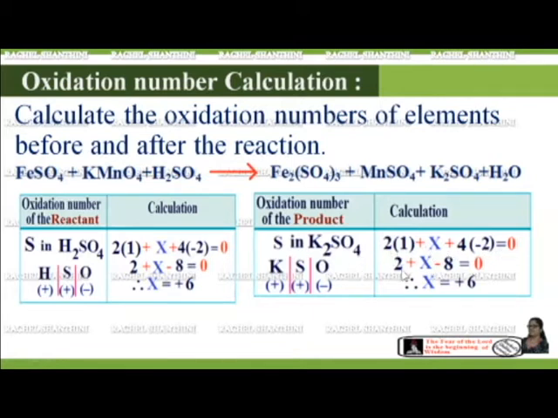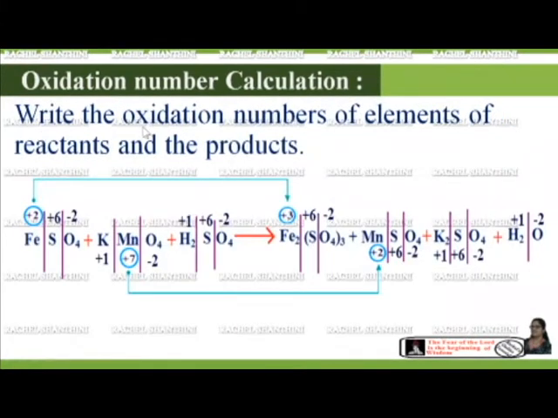So 2 into 1, 2 plus X, 4 into minus 2, minus 8, equal to 0. This gives the value of X as plus 6 for sulfur in potassium sulfate. And we know the oxidation number of hydrogen is plus 1 and the oxidation number of oxygen is minus 2 in the water molecule. Now let us write the oxidation numbers of the elements of the reactants and products of this reaction.